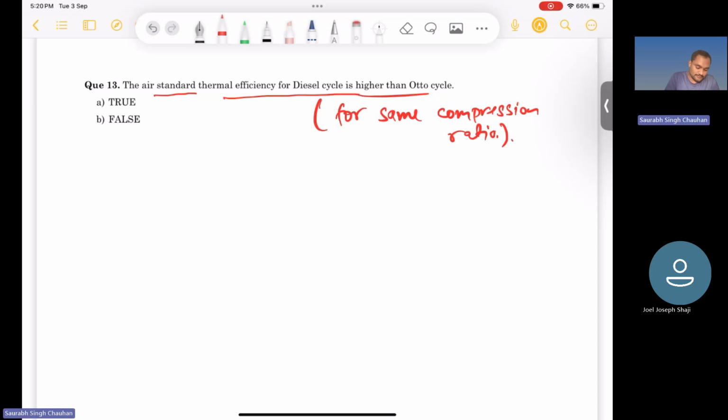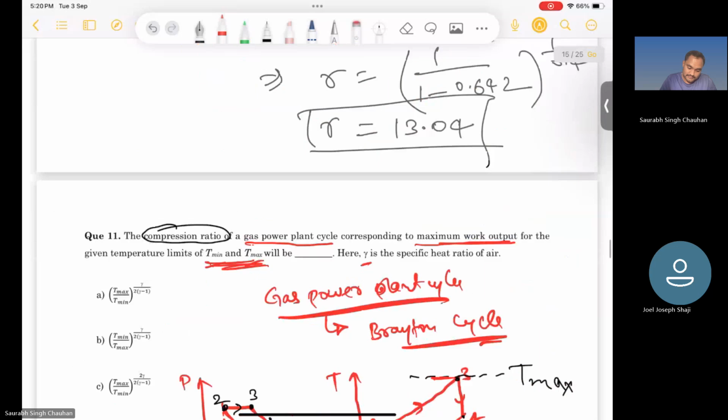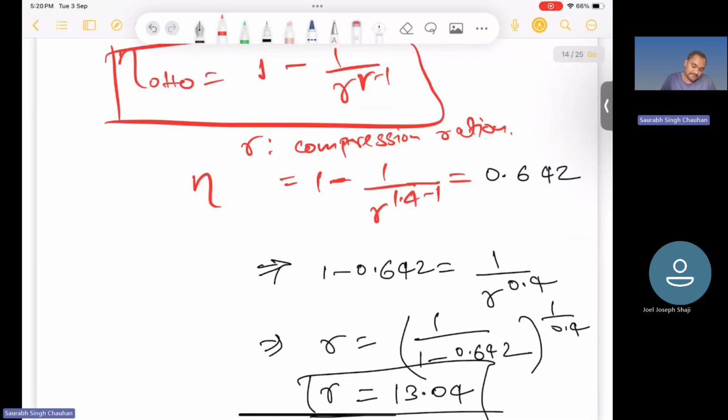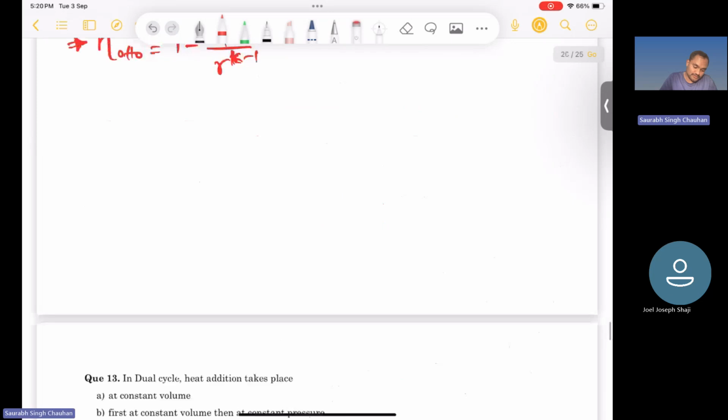If you know the formula for efficiency of both these cycles, then you can actually answer this question. For Otto cycle, it was 1 minus 1 divided by r to the power k minus 1, correct? We have written it somewhere in some question here. So k is basically gamma.